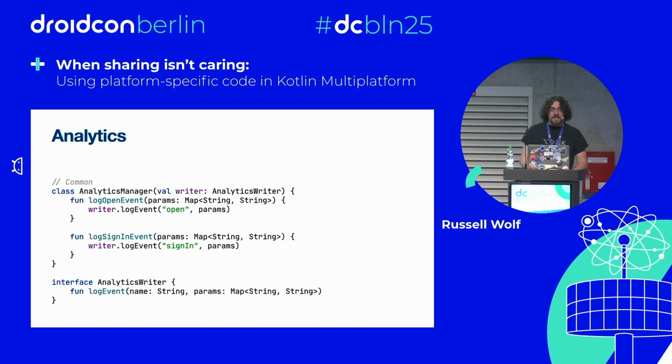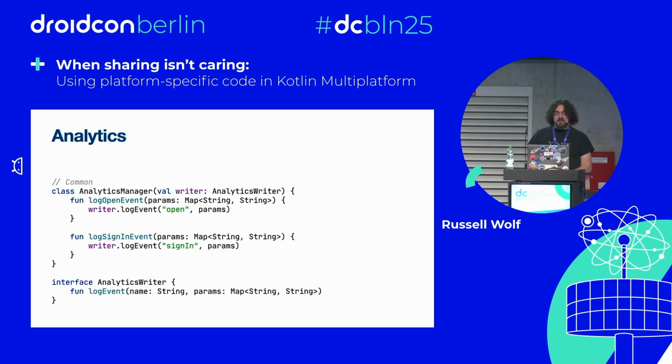Another pattern that I've run into and used in a number of different apps is having something like an analytics manager that has the business logic level of your analytics events. It has maybe different functions to log different events, or maybe there are different ways to structure this. Maybe there's an enum in your shared code that you use for each event.